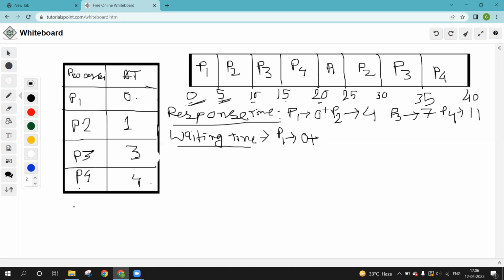So 20 minus 5. So 0 plus 20 minus 5 means 15. So the total is 15.